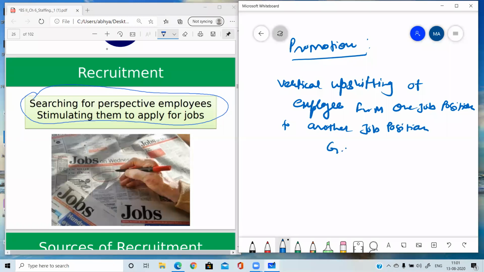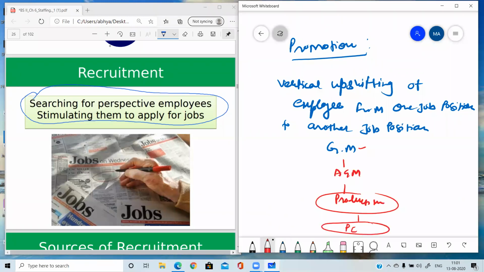Suppose here is the general manager in one organization. Under him, assistant general manager was working, AGM, under different departmental heads. Suppose this is the GM of the production department, and the production manager was working under him, and under him production executives.